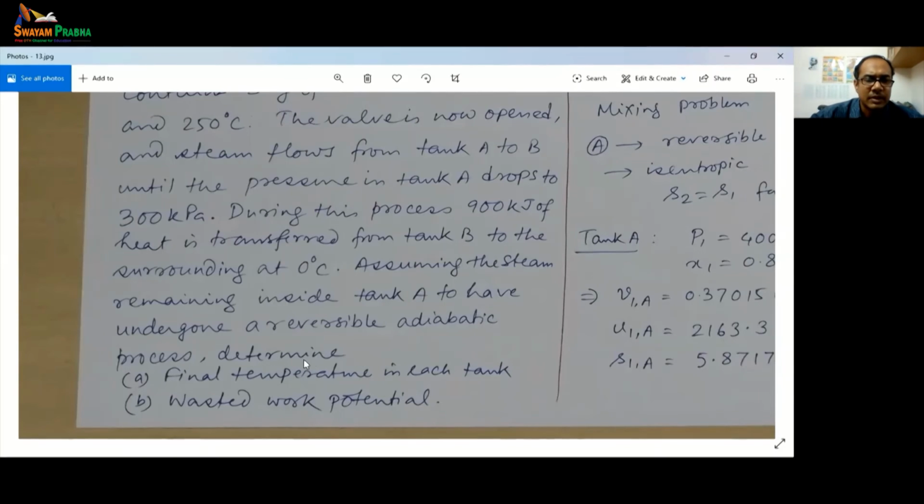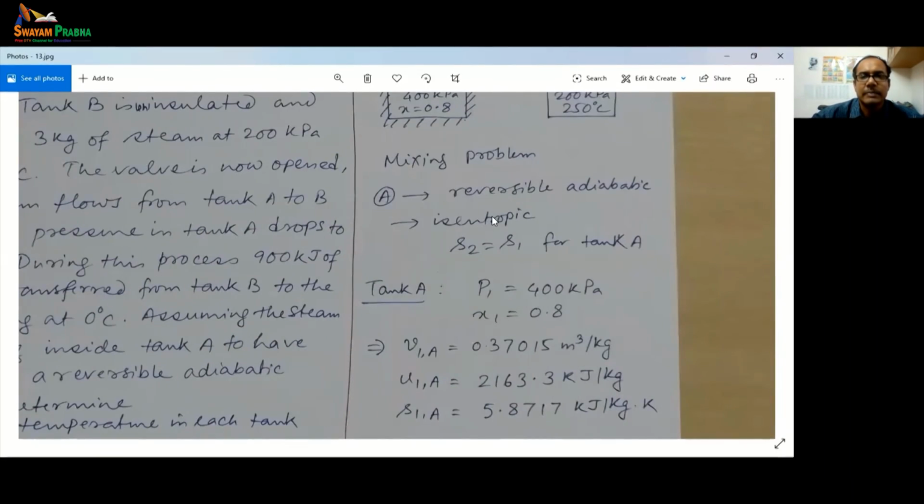If that's the case, then determine the final temperature in each tank. The final temperature you don't know after this heat transfer and mixing happened, and also you have to find the wasted work potential. That means the loss of exergy, or exergy destroyed.